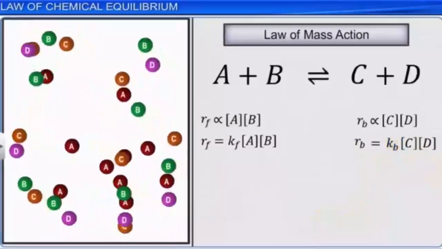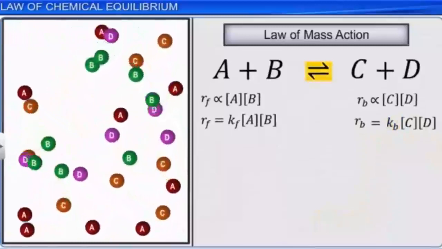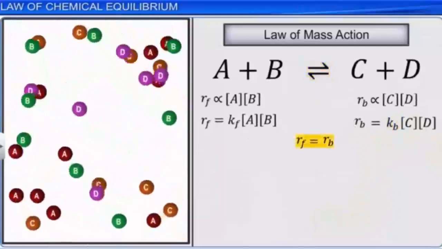At equilibrium, the rate of forward reaction becomes equal to the rate of backward reaction.